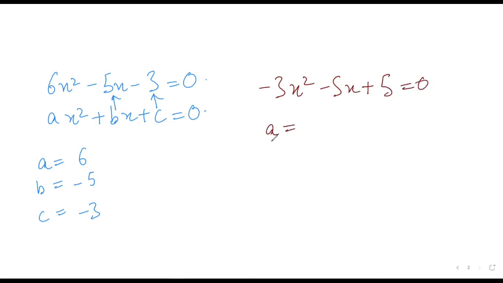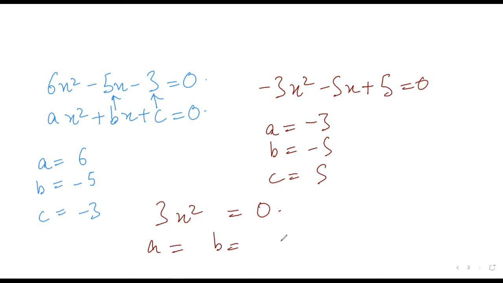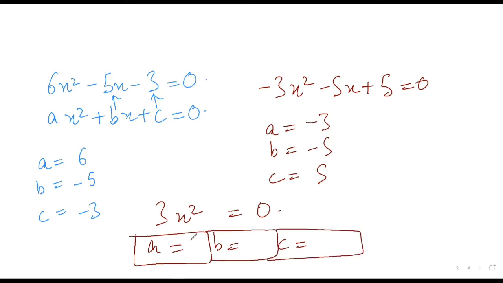What will be a, b, c here? A will be minus 3, b will be minus 5, and c will be 5. Let me take an example like this. What will be a, b, c here, Mr. Sarthak? A will be 3, b and c will be 0.